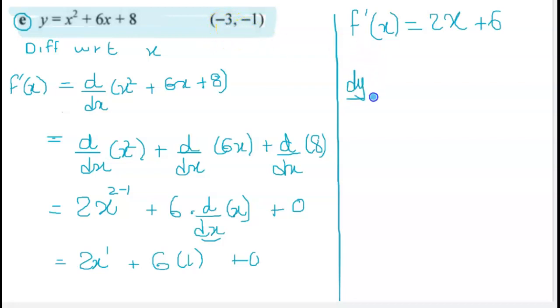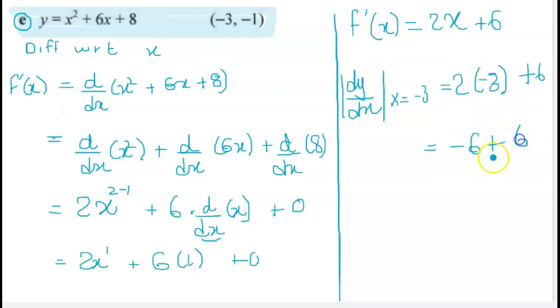So dy over dx when x is -3, you put 2 times -3 plus 6. 2 times -3 is -6, plus 6 is 0. Now that's a 0. What does that mean? That means if that's 0, the gradient is 0, it might be the peak.